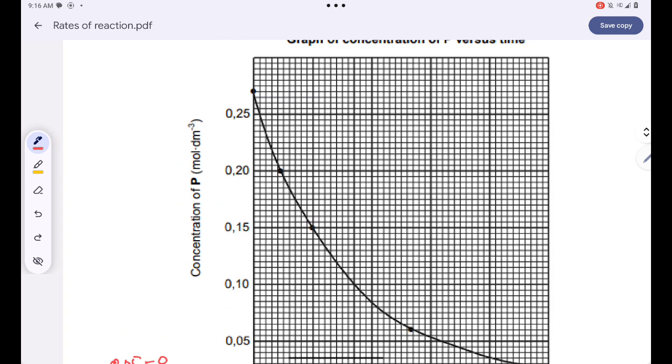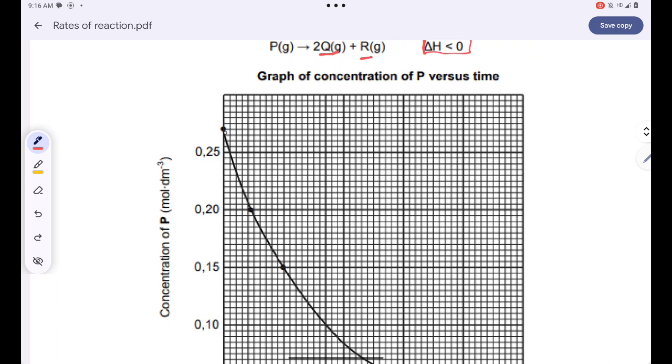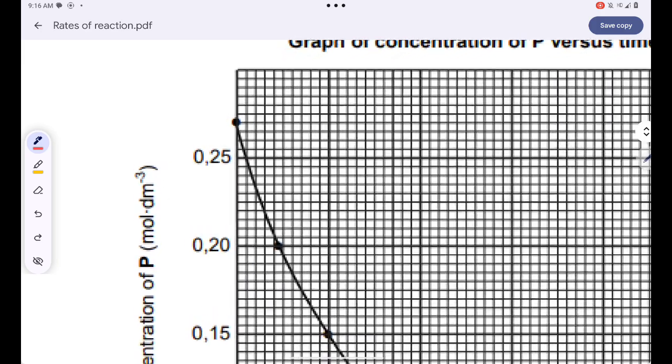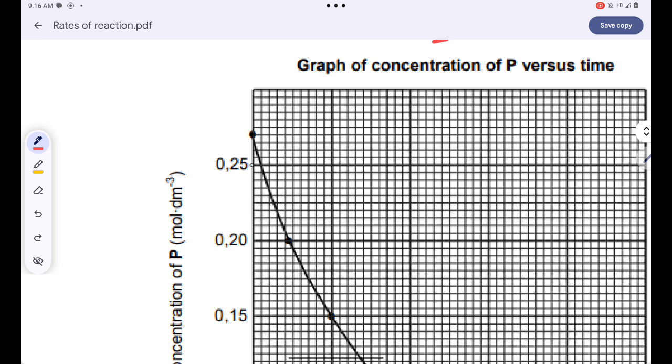That's okay, guys. The aim is to find the initial concentration of P. So for me to find the initial concentration of P, all I have to do is simply say 0.25 plus 0.005.